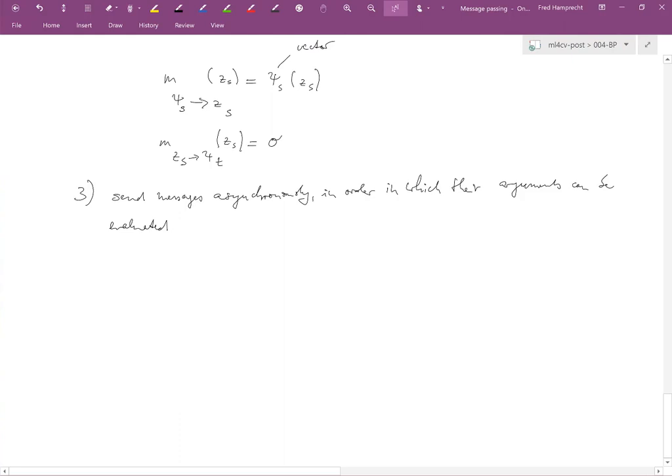Okay, and we have two kinds of messages. One is a message from a factor S to a random variable t. And that is a minimization over the following.